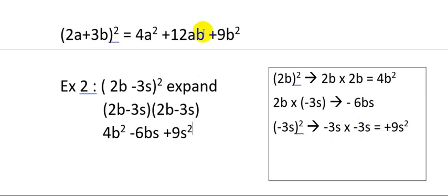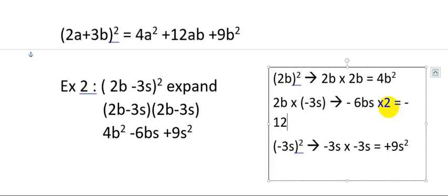If I recall again, the square of the first term, 2b square, is 4b square. To write the middle term or the second term, first we take the product of the two terms, that means 2b multiplied by minus 3s. I'm sorry, here I need to multiply again by 2, so we get minus 12bs.